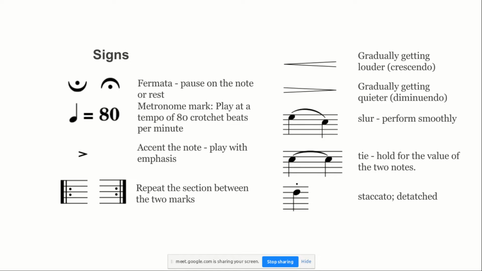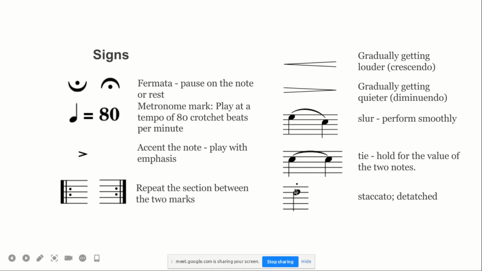Another thing you need to know is that a slur can connect more than two notes with one curve, it can span across a number of notes, but a tie cannot span across any note. It just connects two neighboring notes. They have to be neighboring and at the same pitch for it to be a tie. So if you find another note between, even if the first and the last note are the same, that is not a tie. That's a slur.